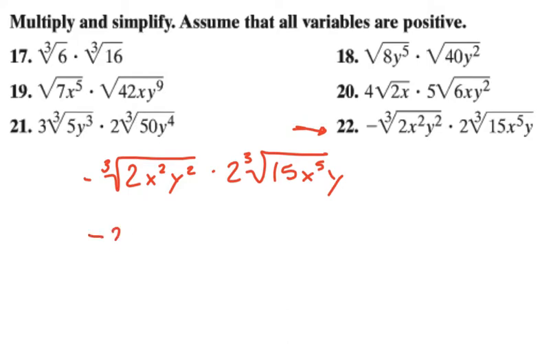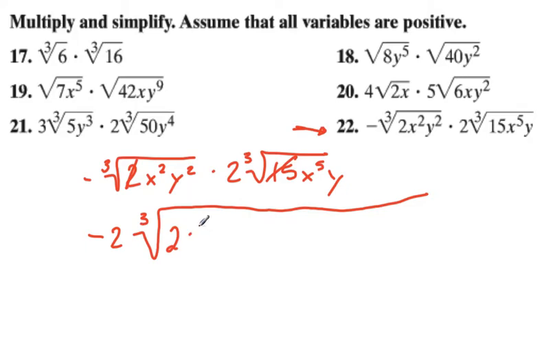So we've got negative 2 on the outside. And then on the inside, we have 2 times, all right, I've got that number down. And I want to do this one, since I want to keep like terms together, 15 is the same as 3 times 5.